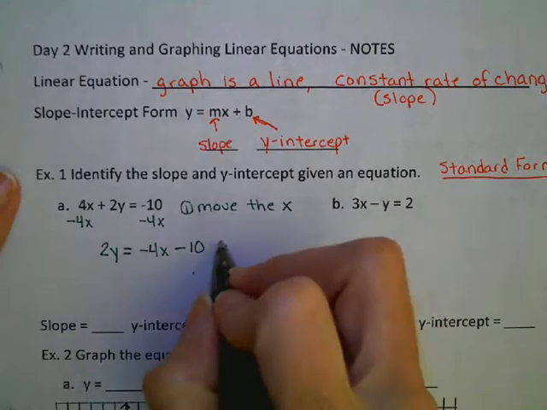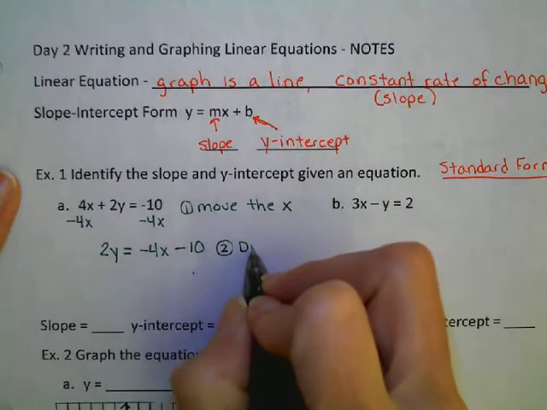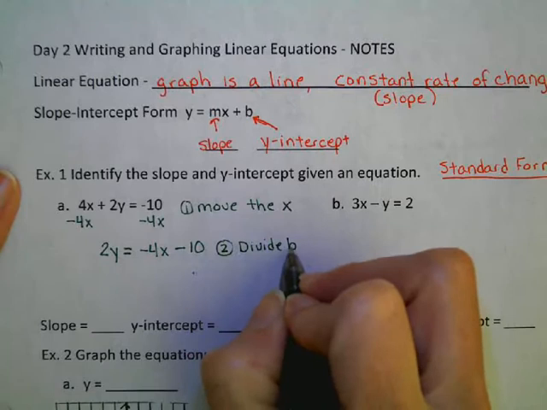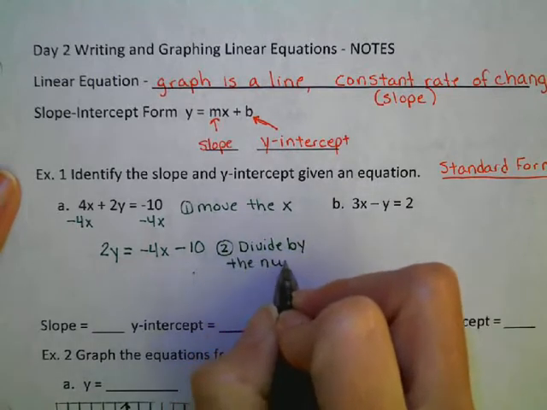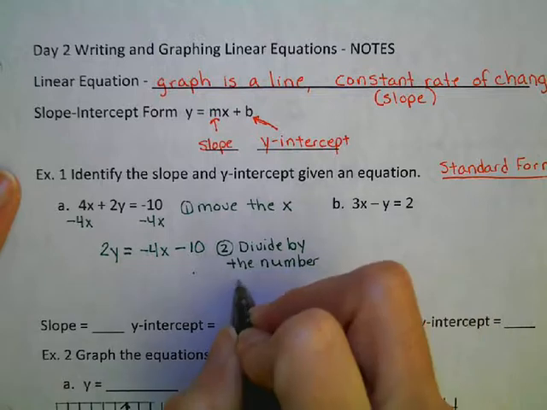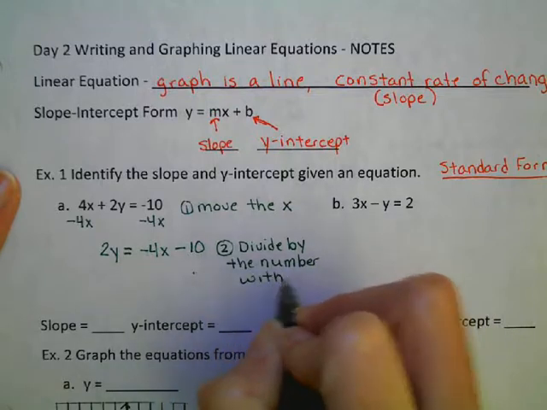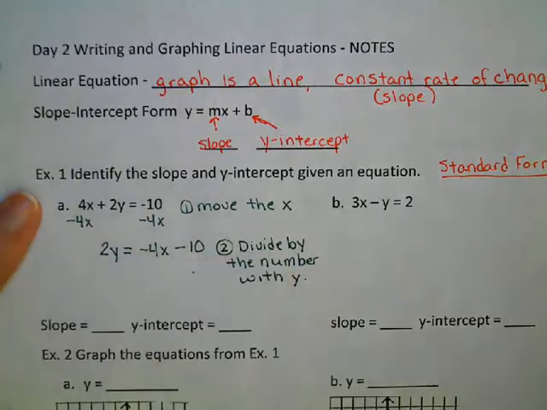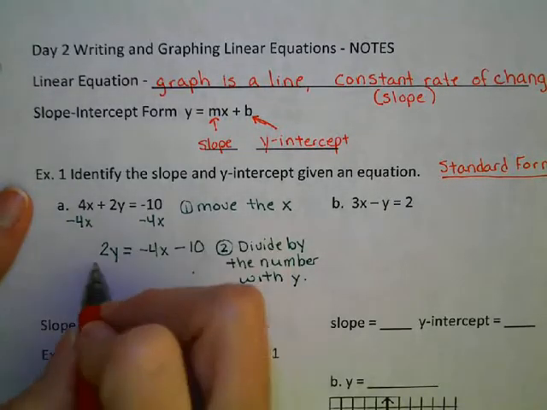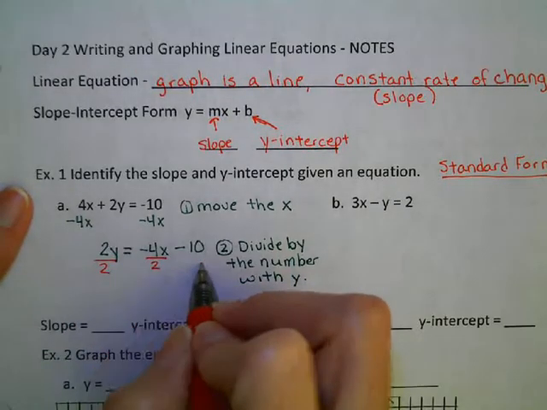The second step is to get rid of the number in front of the y. So step 2 is going to be divide by the number with the y. So here we have a 2 in front of our y, so we're going to divide each of these by a 2.